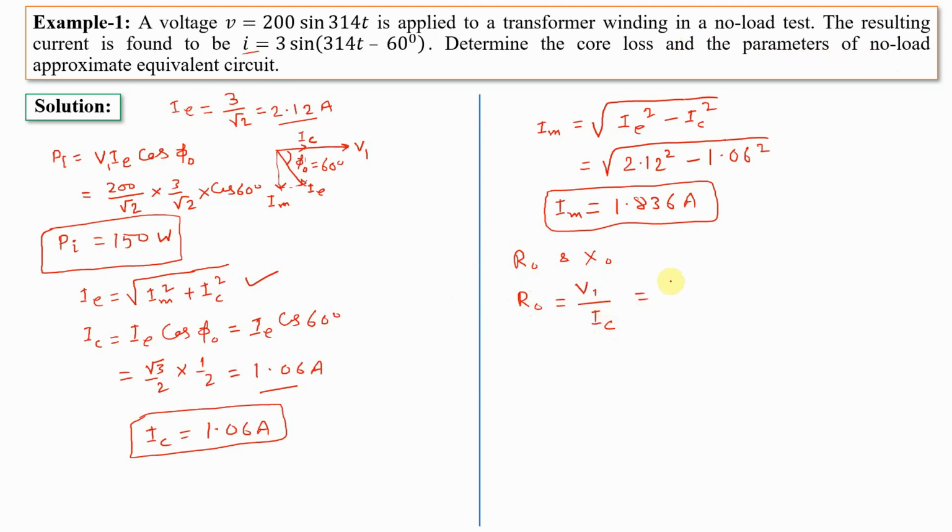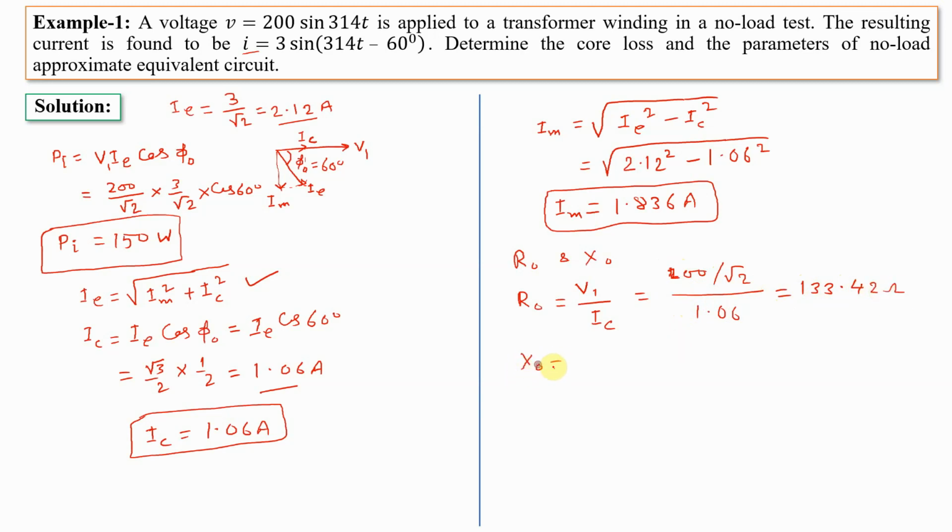V should be the RMS value, so it will be 200 upon root 2, and IC is 1.06. So the value of R0 is 133.42 ohm.